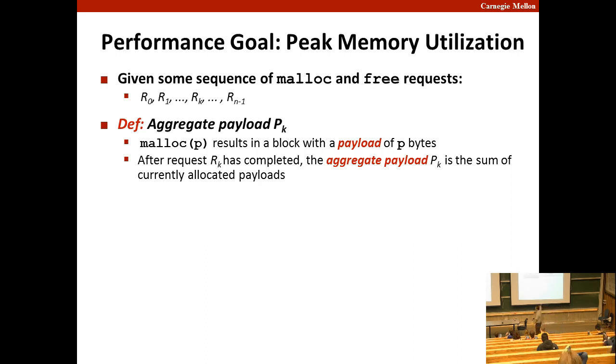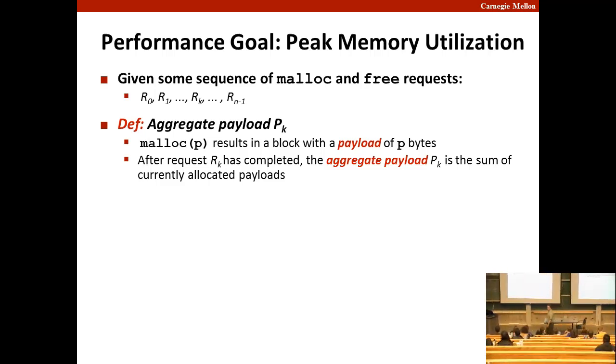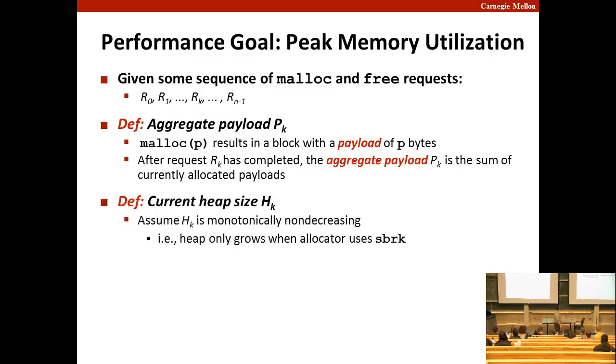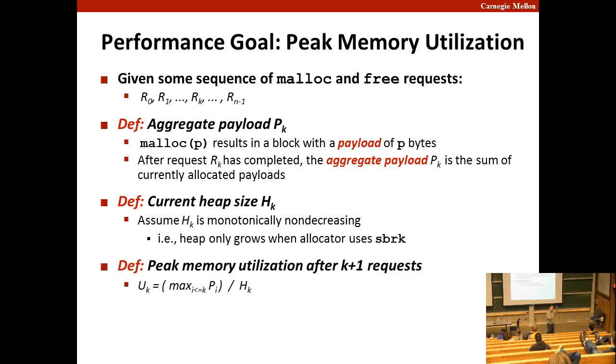Okay? So when I said the sum of the outstanding requests, that's what the slides here are calling the aggregate payload. What is this word payload? Well, if I ask for 4,000 bytes and you get 5,000 bytes, the 4,000 bytes is the payload. 5,000 bytes is the total size. Heap size is the difference between the beginning of the heap and the breakpoint.